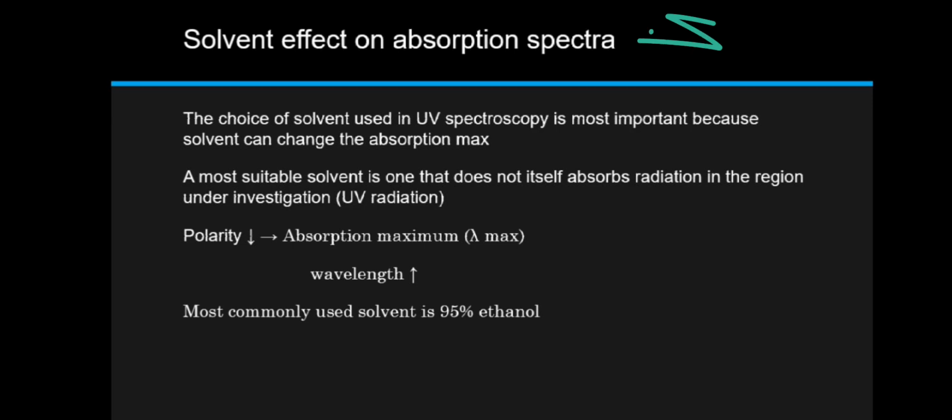Solvent effect on absorption spectra. The choice of solvent used in UV spectroscopy is most important because the solvent can change the absorption maximum. So basically, the solvent used can be responsible for the spectral shifts we have seen before. A most suitable solvent is one that does not itself absorb radiation in the region.